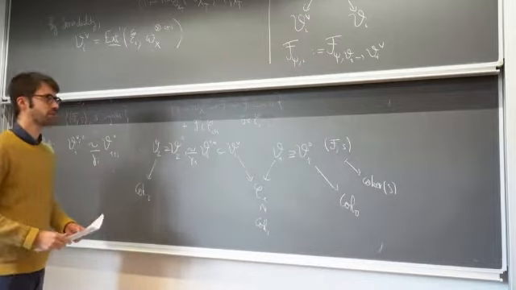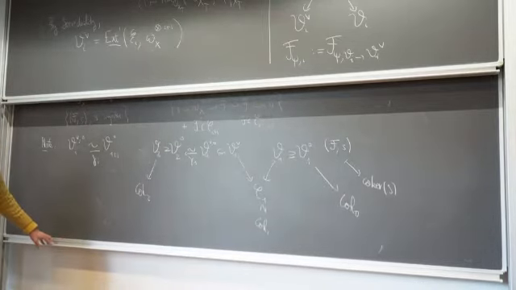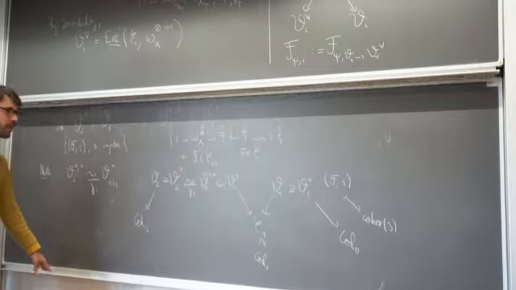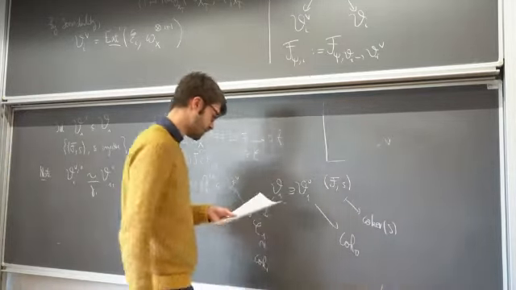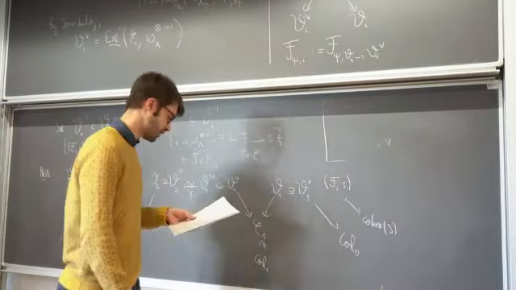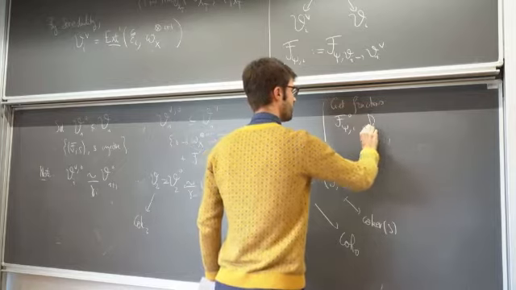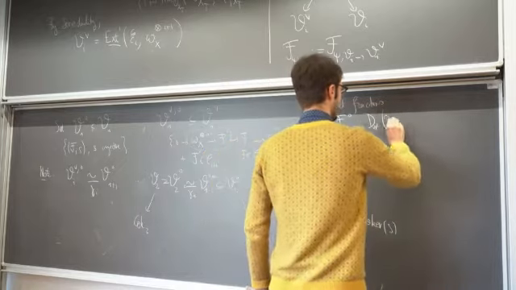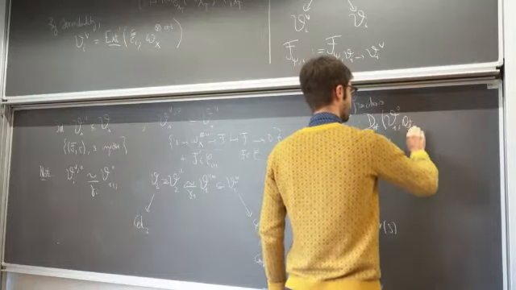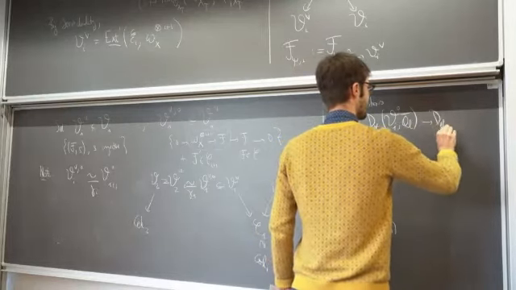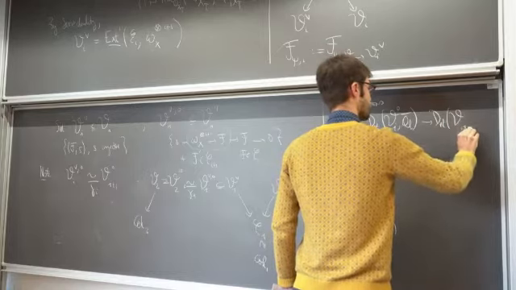That defines a flat coherent sheaf, a torsion coherent sheaf. Therefore, we get functors F psi_i naught, which go, for each i, from V_i naught to V_{i+1} naught.